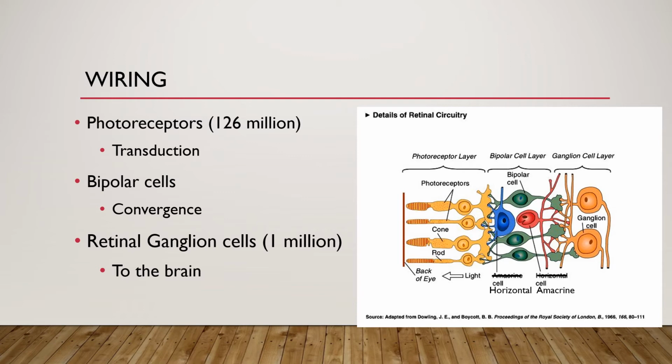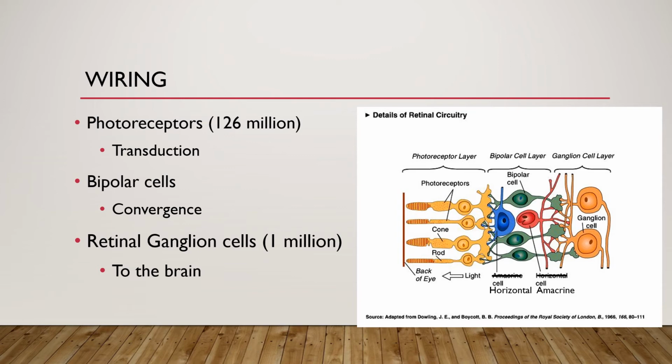They are changing the electromagnetic energy into electrochemical energy that the brain can understand. And they are going to communicate to the brain through these 1 million retinal ganglion cells. You can see in the picture, he's basically showing 4 photoreceptors converging. So we see this convergence to 2 retinal ganglion cells.